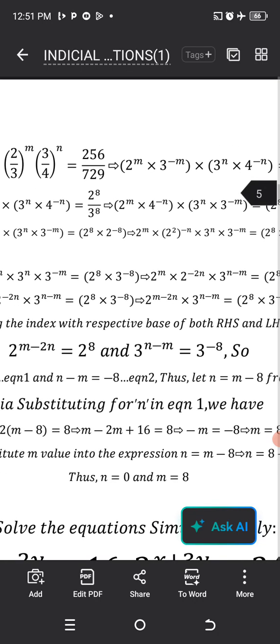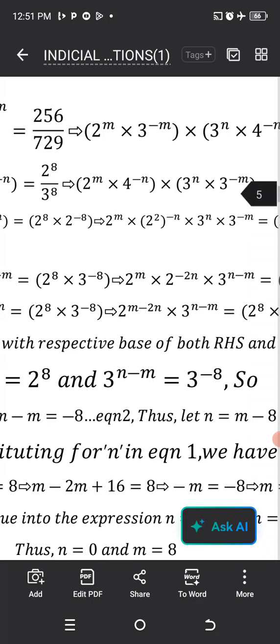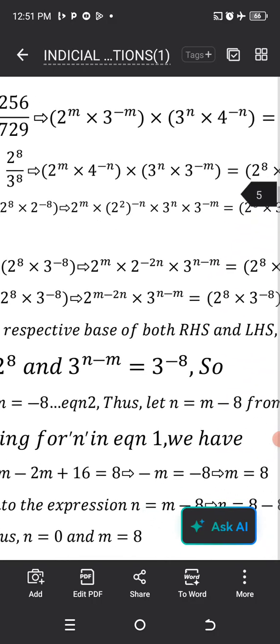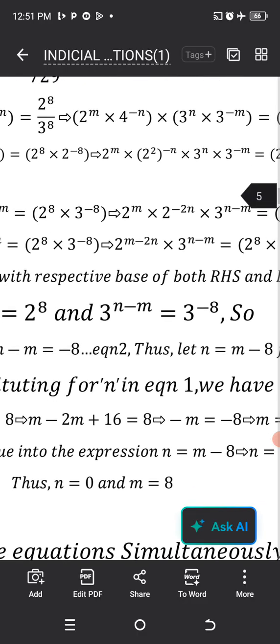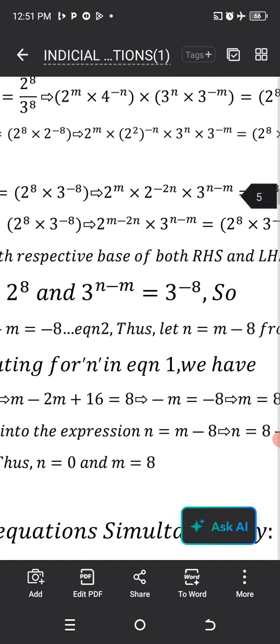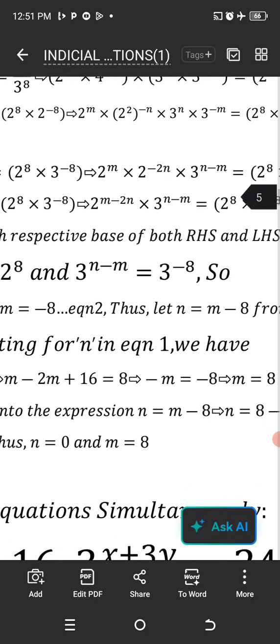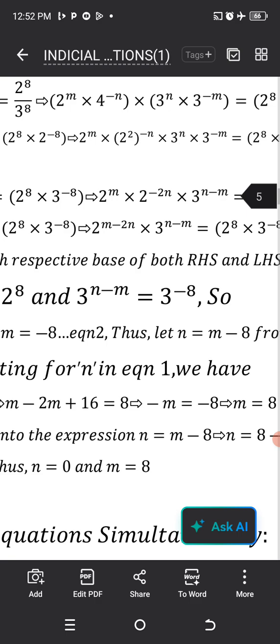So you can see that here we have changed 4 raised to power minus n into 2 squared all raised to power minus n. Then in the next line we have applied the multiplication law. That is why you see the expression 2^m multiplied by 2 raised to power 2 raised to power minus n.